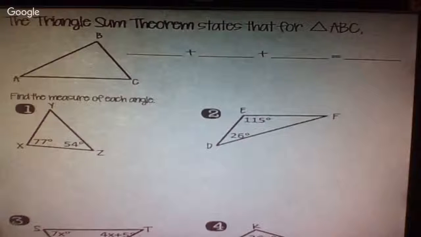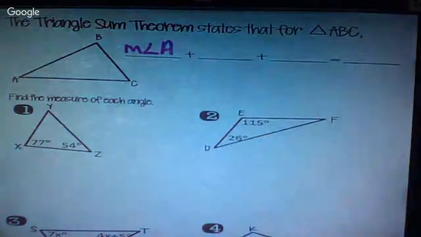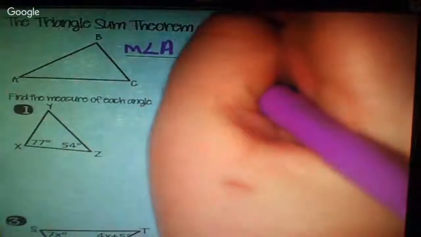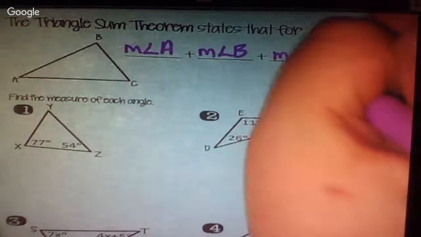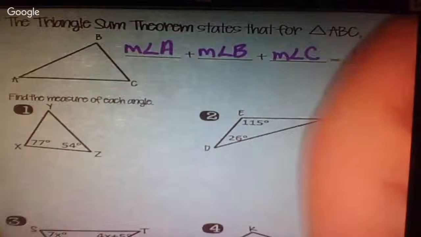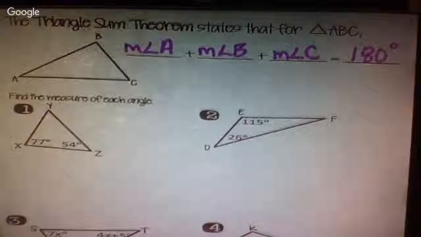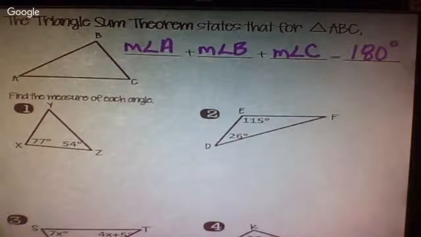What the triangle sum theorem tells you is the measure of angle A plus the measure of angle B plus the measure of angle C should always equal 180 degrees. If you add up every angle inside of a triangle, it should equal 180 every time. Okay, that'll never change.